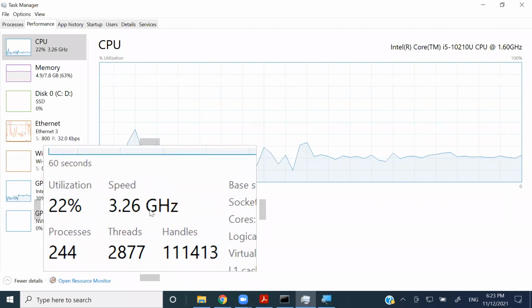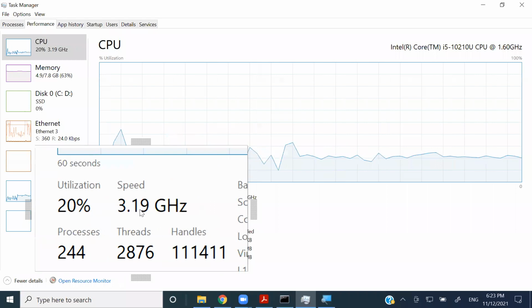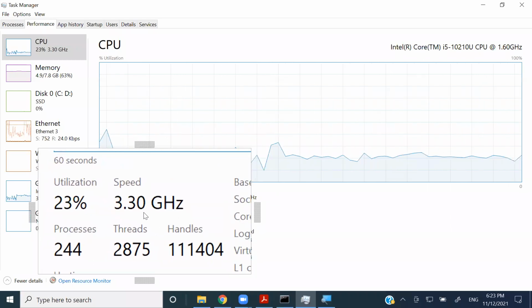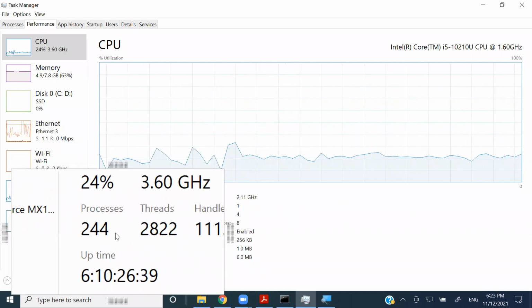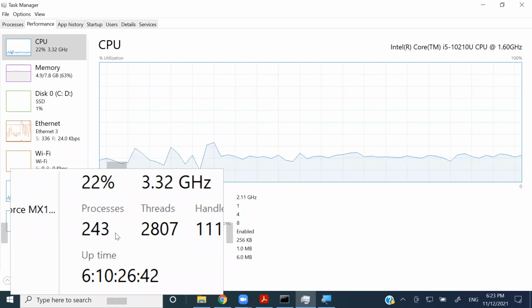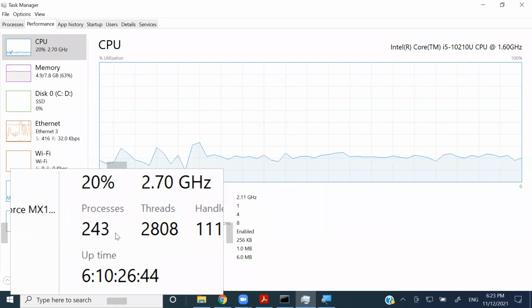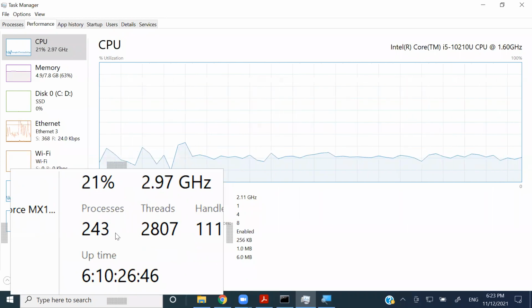And the speed of my processor indicates 3.19 gigahertz, something like that. It changes. And look at the next line. It says processors. So for the moment, in my computer, there are 243 processors running, right?